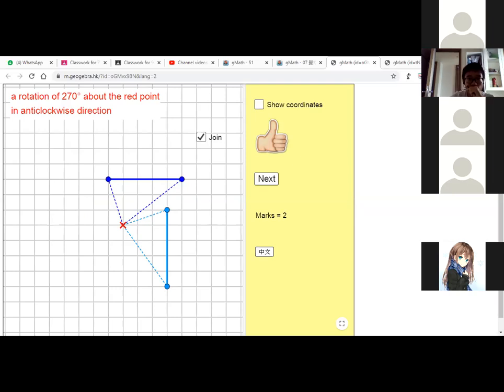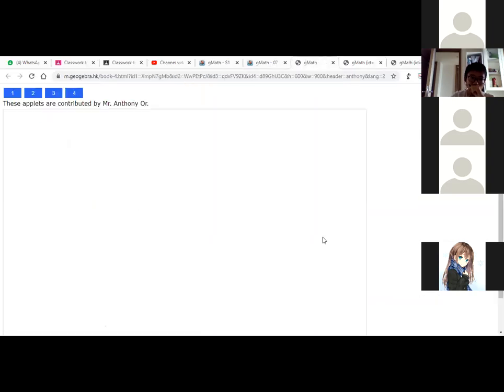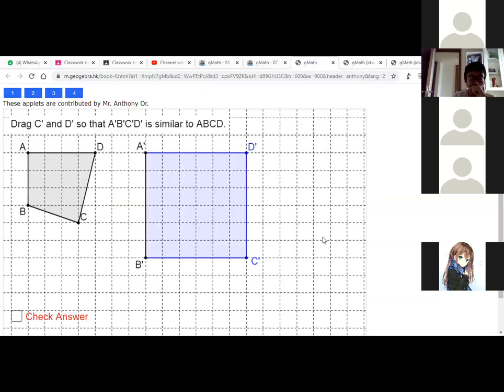And then the last one is about enlargement and reduction. Anthony, okay, so how do we play this game? For enlargement and reduction, I want you to know the fact that all the lengths, each one, should have the same scale factor.